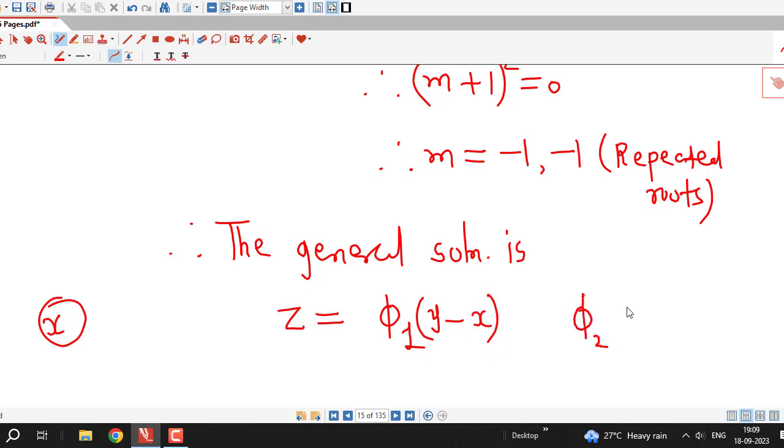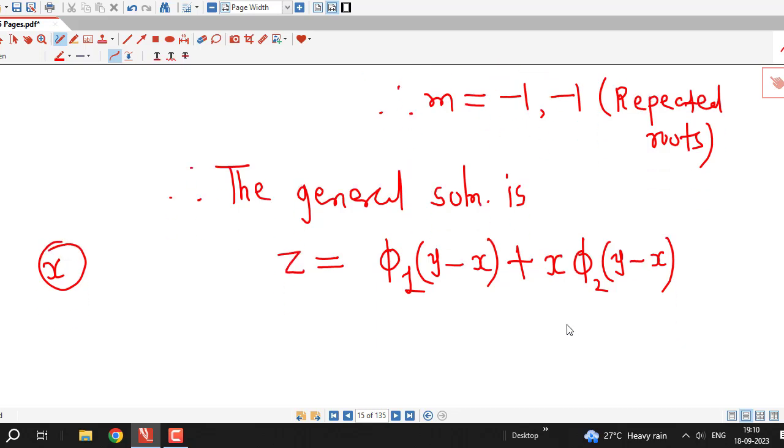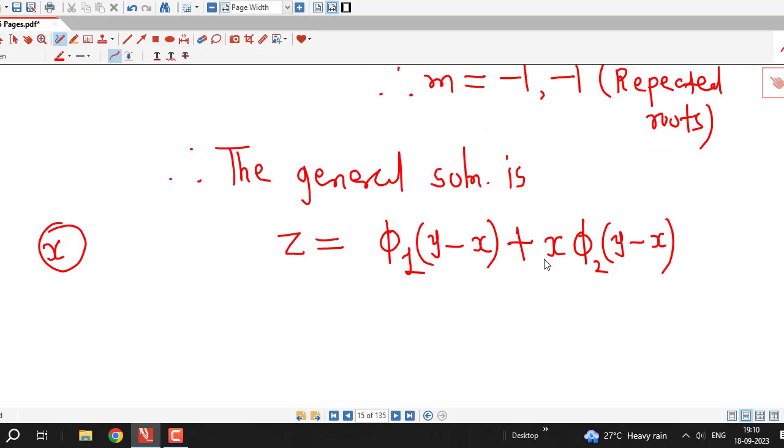The second root is also minus 1, so I have to write another function of y minus x, but these two are the same. So these two are not independent, so to make them independent, I will multiply this function by x.